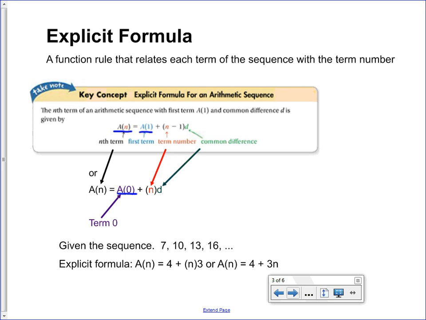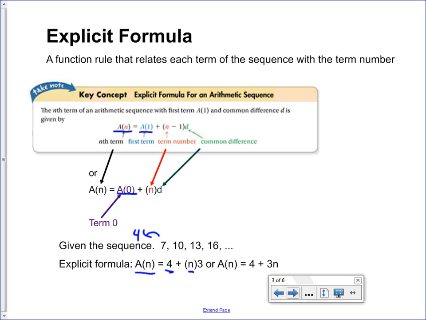So, for instance, for the explicit formula for this sequence, 7, 10, 13, 16, a_n, any term, can be found by taking 4, which represents term 0, plus n times 3, which is the term number times 3, because 3 is our common difference.